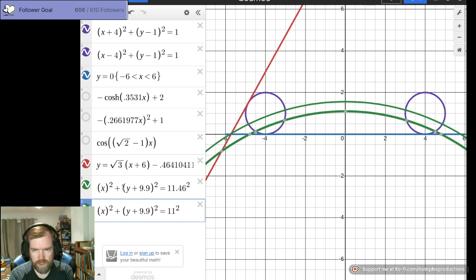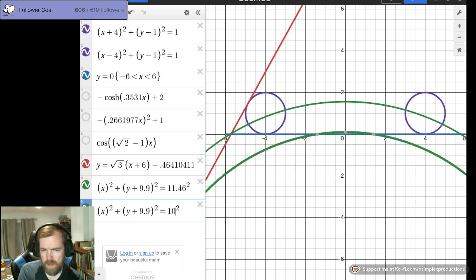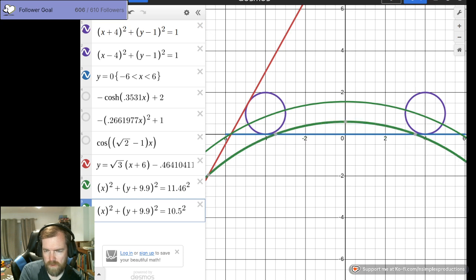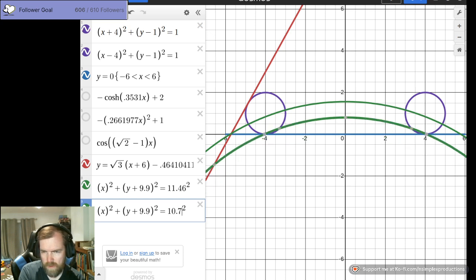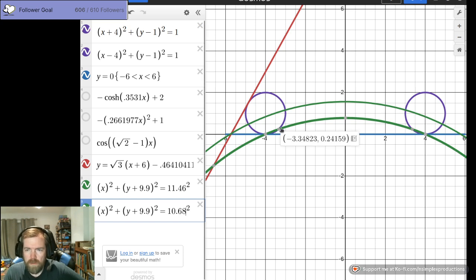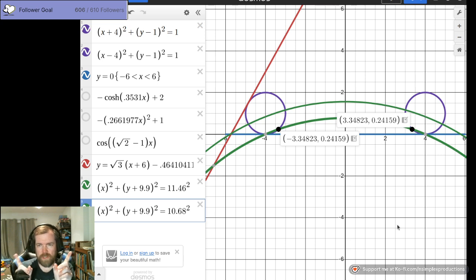It only reached the bottoms of the circle, and I said we're just going to end up ignoring everything outside of here. So we cared about only those pieces that were between negative 3.34 and positive 3.34 on both sides.